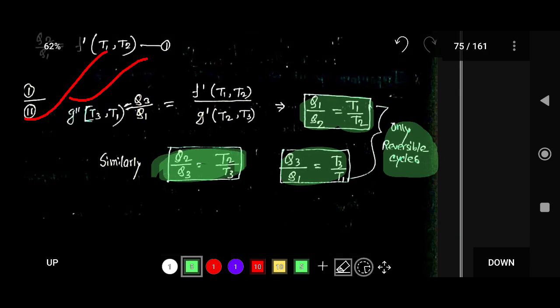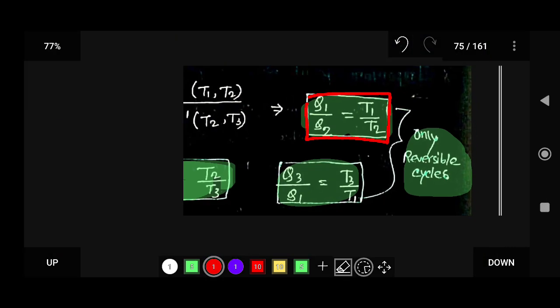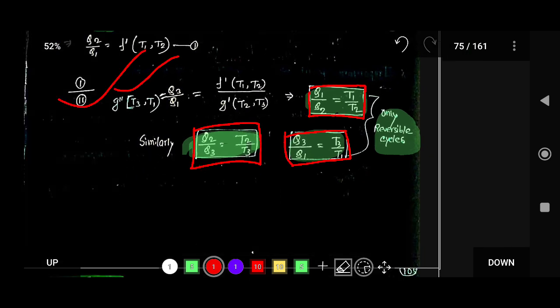So basically it proves that Q1 by Q2 is equal to T1 by T2, Q2 by Q3 is equal to T2 by T3, and Q3 by Q1 is equal to T3 by T1.